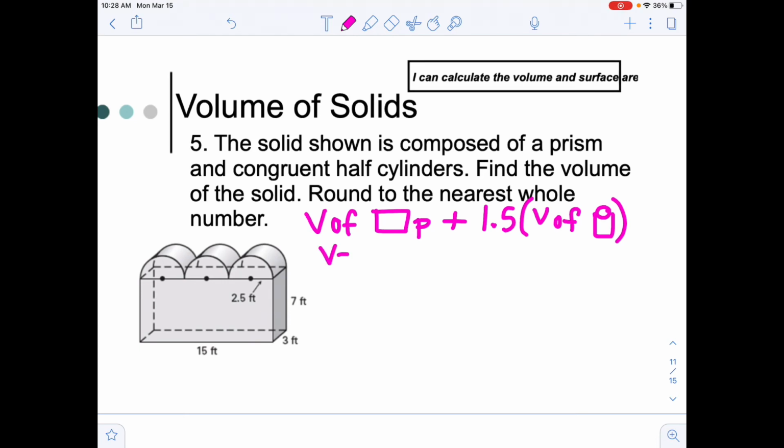The volume of my prism is volume equals area of base times height. So volume is just length times width times height. 15 times 3 times 7. So in my calculator, 15 times 3 times 7 is going to give me 315 feet cubed.